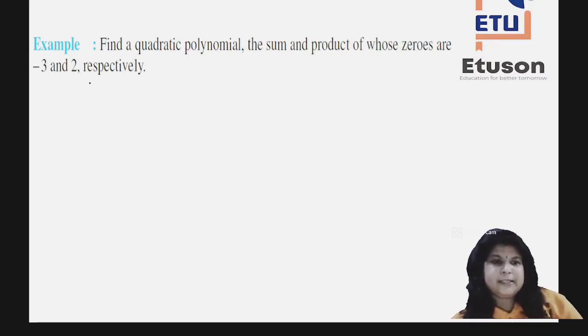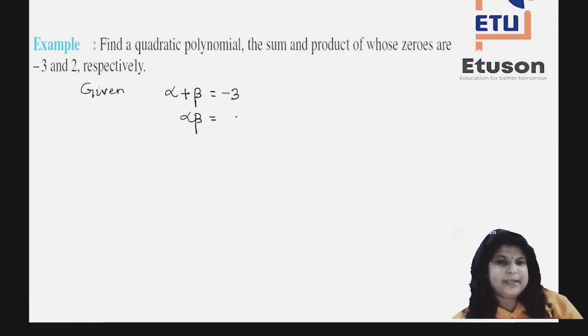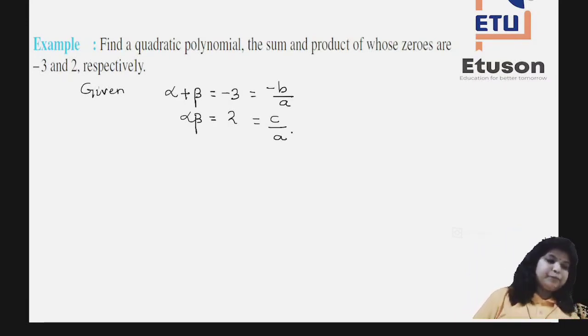Given is the sum of the zeros, that is alpha plus beta is equal to minus 3, and alpha into beta is equal to 2. So what is alpha plus beta? That is equal to minus b divided by a. What is alpha into beta? That is c divided by a.